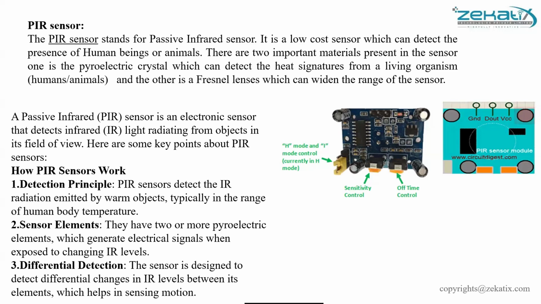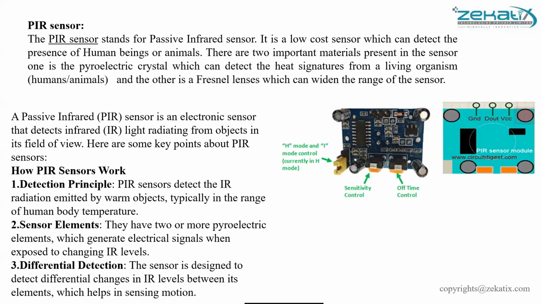The sensor is designed to detect the differential changes between its elements, because that helps in sensing motion. Regarding the components, as you can see from the diagram, there is a pyroelectric sensor, which is the core component that senses the infrared radiation.